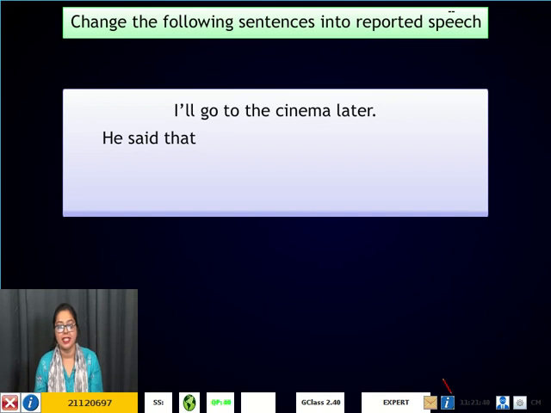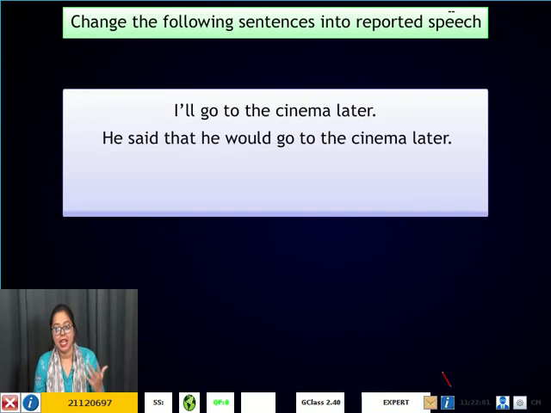He said that he would go. I will go gets converted into he would go to the cinema later. I am repeating this conversion so that you can understand the concept very well. I will go to the cinema later. He said that he would go to the cinema later.